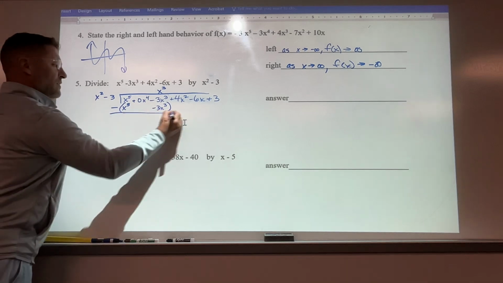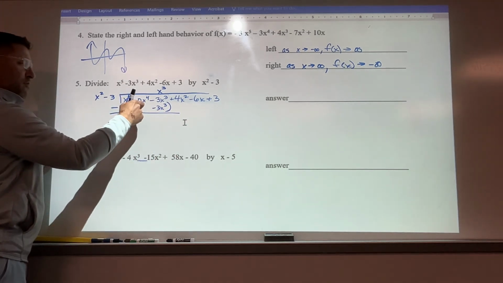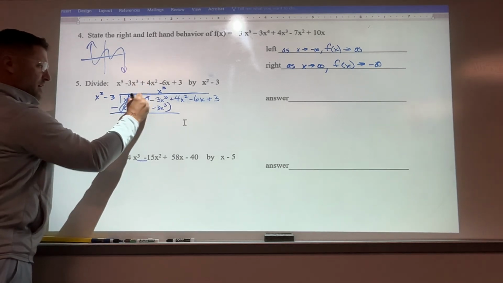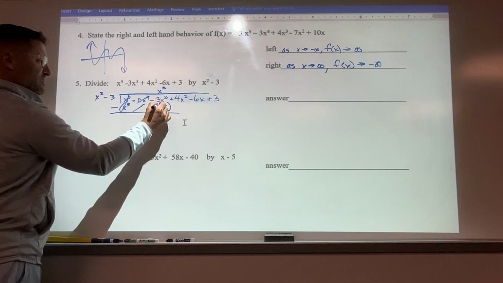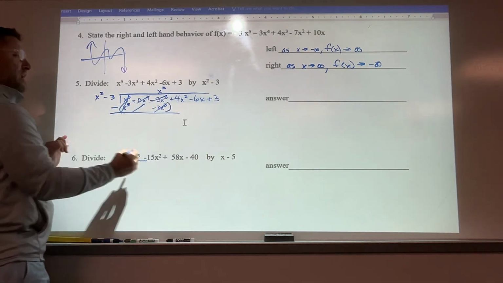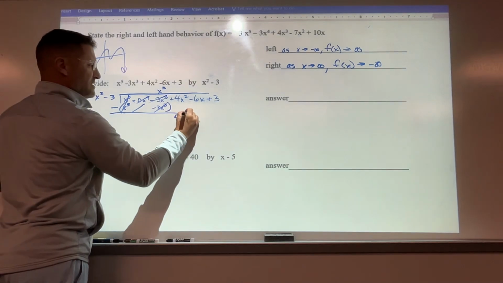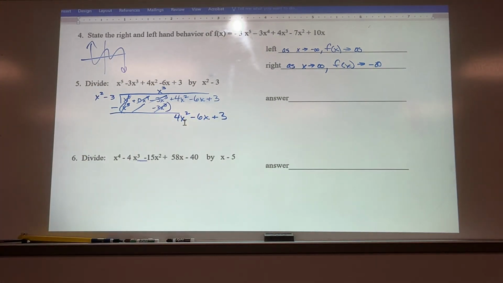Parentheses, subtract. x5 minus x5 is gone. 0x4 minus nothing is gone. Negative x3 minus a negative x3 is gone, because minus minus will make plus. So I got it to there. I'll bring down the 4x squared minus 6x plus 3. So I got it into that spot.